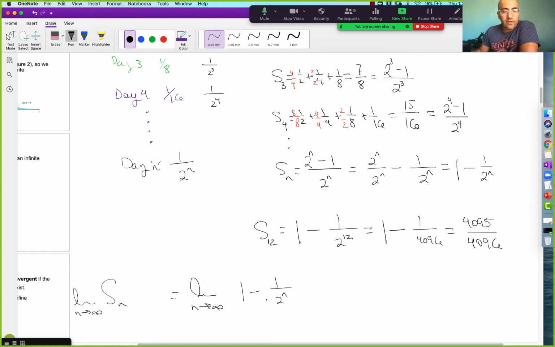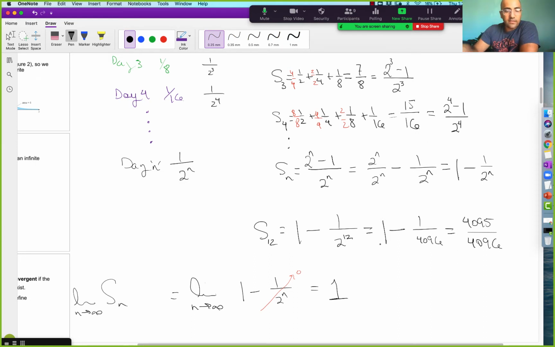As this goes to infinity, this part here is going to go to infinity in the denominator. 1 over a value that's getting infinitely large becomes infinitely small. So this whole part goes to 0, and so the whole thing equals 1.